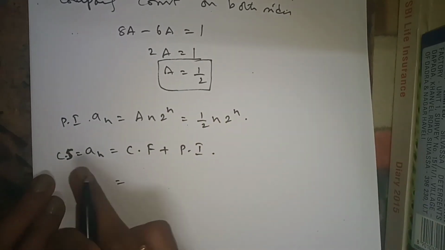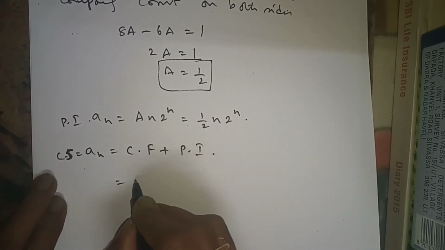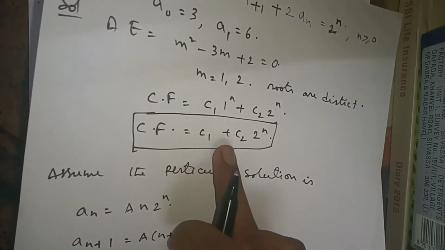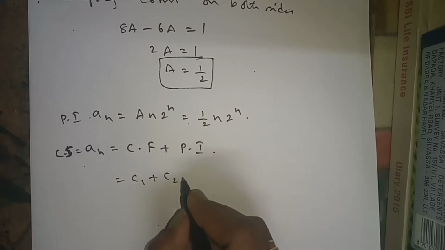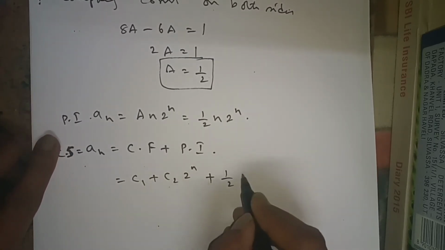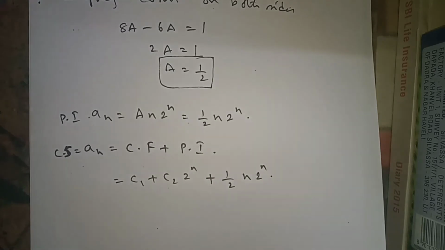Now I am writing the complete solution: CF plus PI. CF is (c1 plus c2 n) into 2 to the power of n, plus PI is 1 by 2 into n into 2 to the power of n.